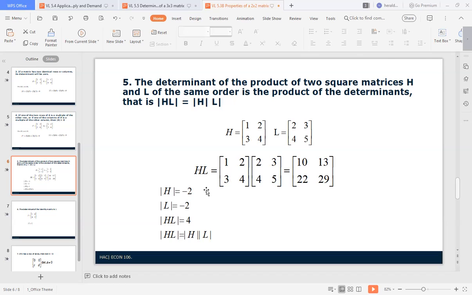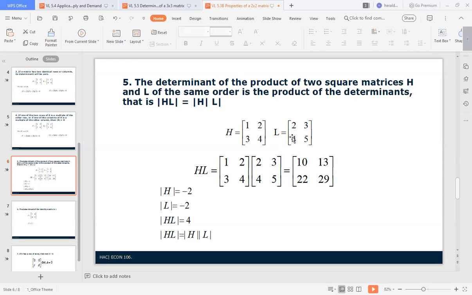Now, the fifth one, the determinant of the product of two square matrices, H and L, of the same order is the product of determinants, that is, the determinant of H and the determinant of L equals the determinant of the product HL. Now, what is happening here is that we have two matrices, H and L here, and we also have the product, which is HL, equal to this one here. If you get the determinant of this matrix, you'll end up with -2.